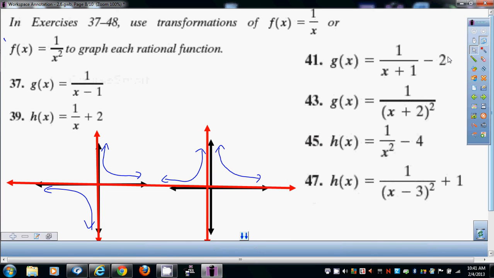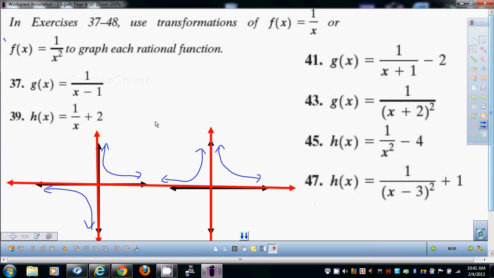So it's very simple to look at these and figure out which parent you're dealing with. 1 over x, 1 over x, 1 over x squared, 1 over x squared, etc. Now we are just going to use those parents, and then we're going to use things we've already learned about the shifting of graphs to just shift our asymptotes and then graph around them.